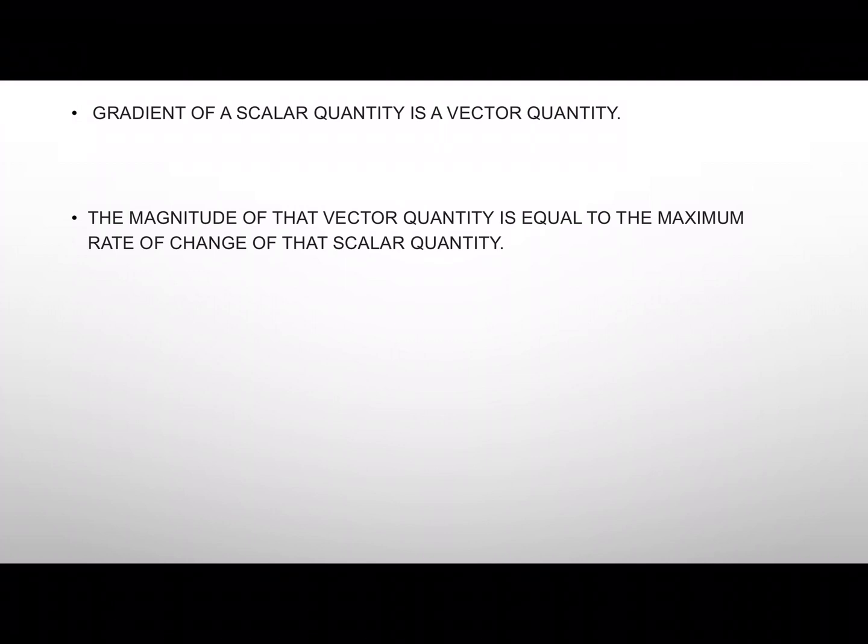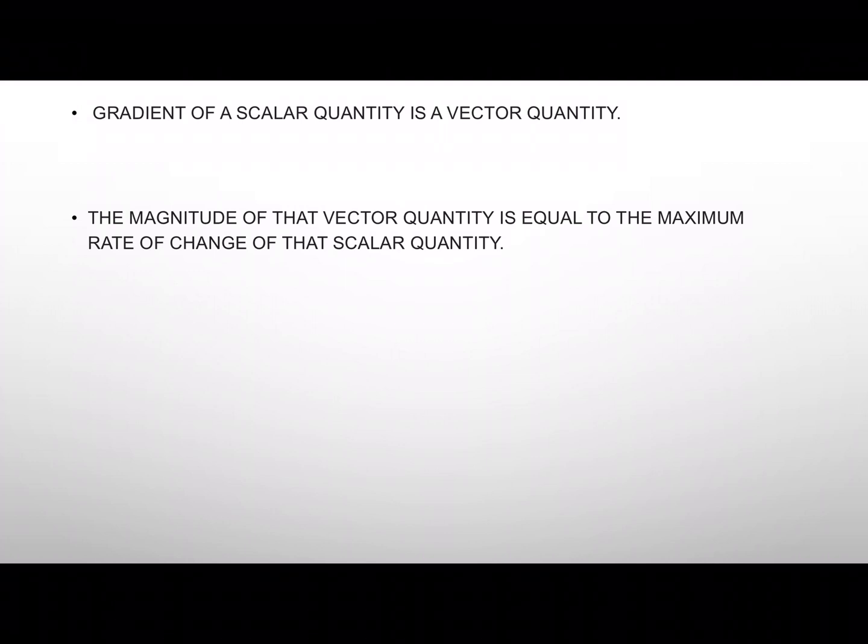Gradient of a scalar quantity is a vector quantity. I already told you, temperature is a scalar, but temperature gradient is a vector. When you are moving towards an ice slab, temperature is decreasing. When you are moving towards a fire altar, temperature is increasing.